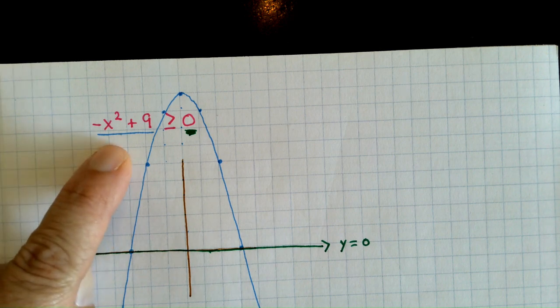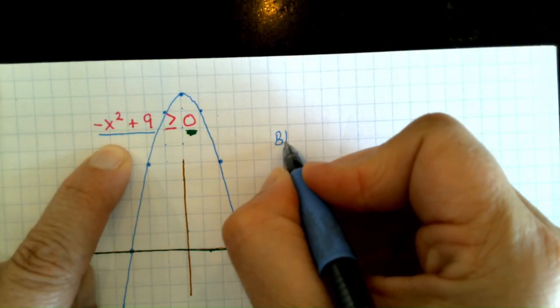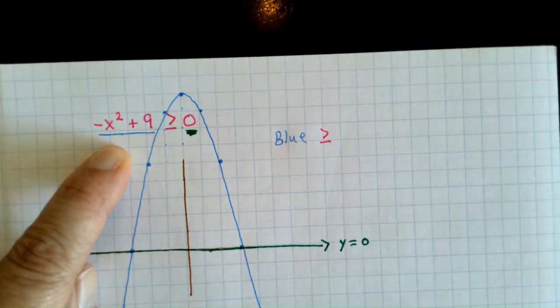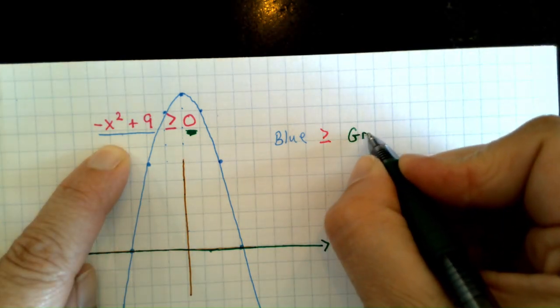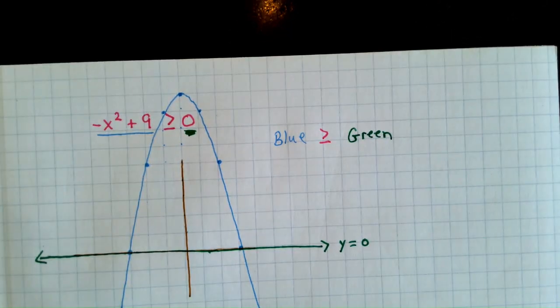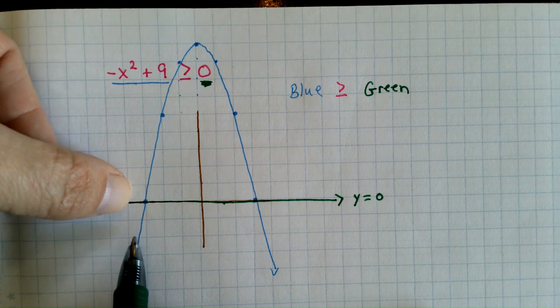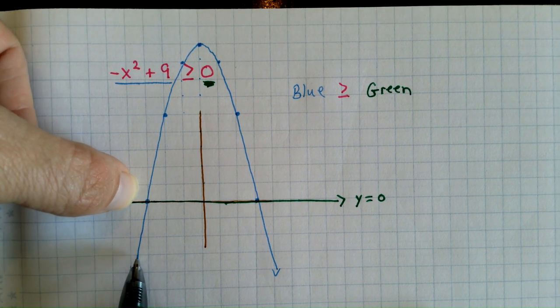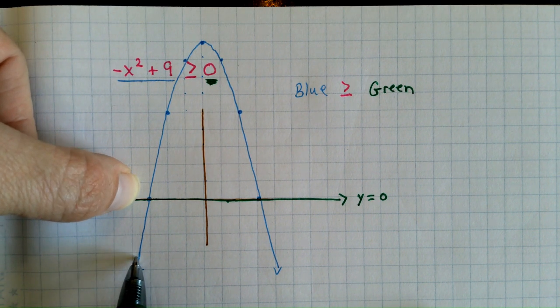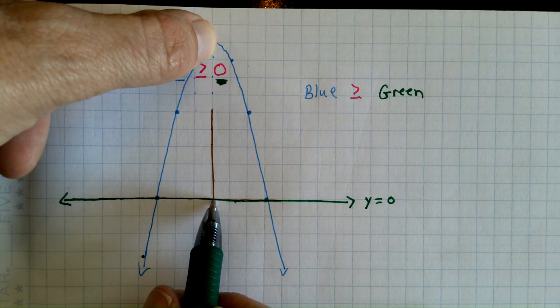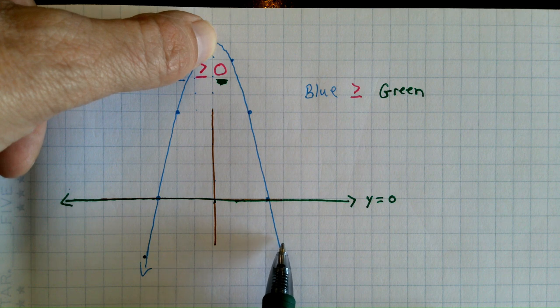Okay, so the parabola I did in blue. We want it above or equal to the green. Okay, well, let's look at this. In this section, if I go to this ordered pair right here, the green ordered pair is higher than the blue. We want blue higher than the green. Here blue is definitely higher than the green, but then blue goes back lower.